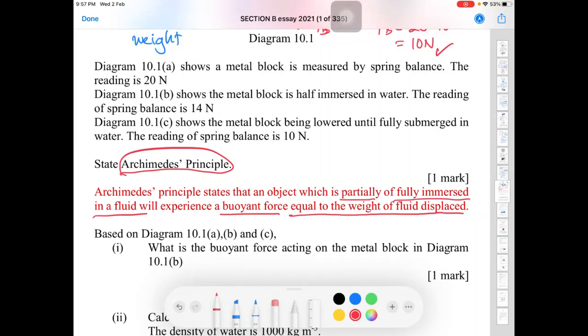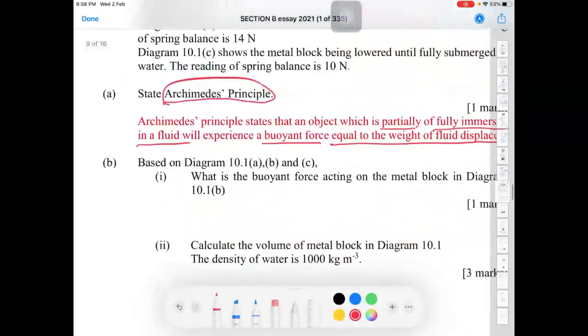Okay, next one. Based on diagram 10.1a, B and C, what is the buoyant force acting on the metal block in diagram 10.1b? So it wants us to find it in 10.1b. So how do we find the buoyant force?